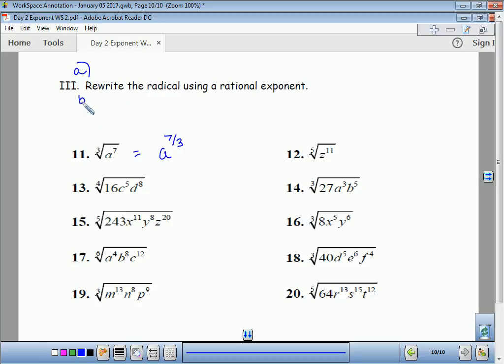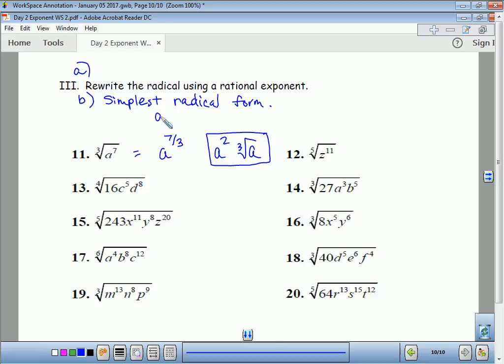Now, part B for me is I want you to write it in simplest radical form. Now, there is some academic discussion about this direction, because simple means it should look easier. And these answers, when you simplify them, do not look easier. Because to simplify it, I'd have to say, all right, 3 goes into 7, how many times? 3 goes into 7 2 times, and how many's left over? 1.